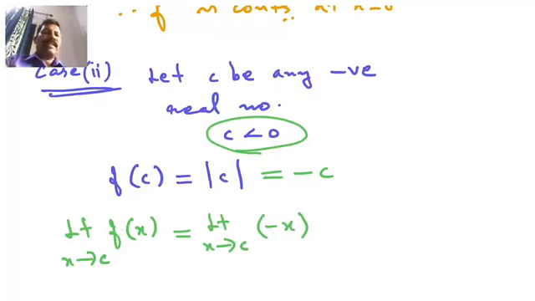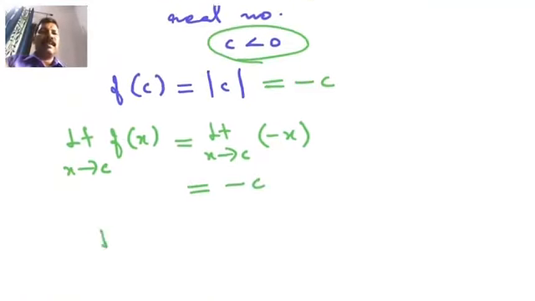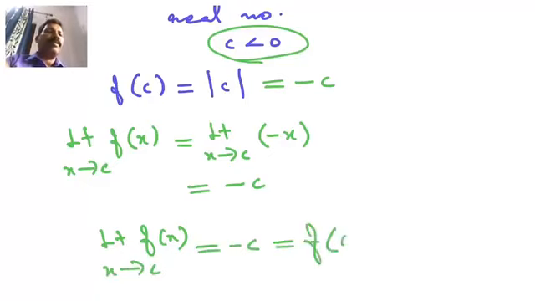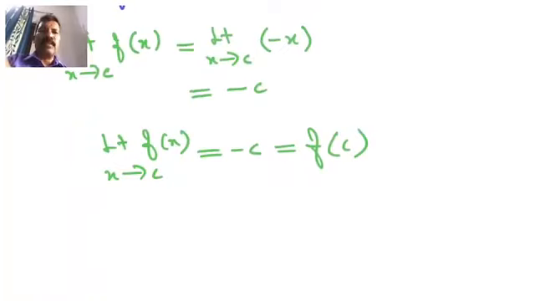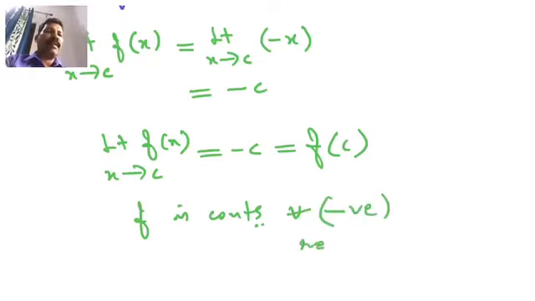So that is equal to the limit of negative x as x tends to C, that is negative C. Then what we see is that the limit of f(x) as x tends to C is equal to negative C, that is equal to the value of the function at C. Thus f is continuous for all negative real numbers.